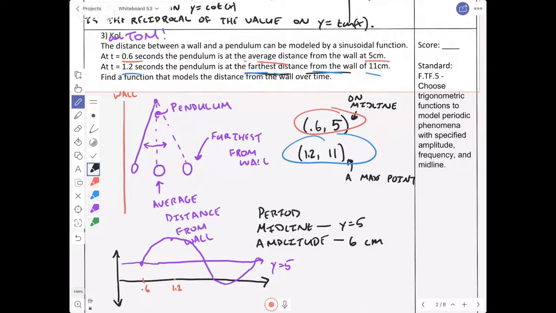And the period would be this whole distance. I know how far it is from 0.6 to 1.2. That's 0.6 seconds. So here, this must be 1.8 seconds. Here, this spot must be 2.4 seconds. And here, this must be 3 seconds. So the period is 2.4 seconds.